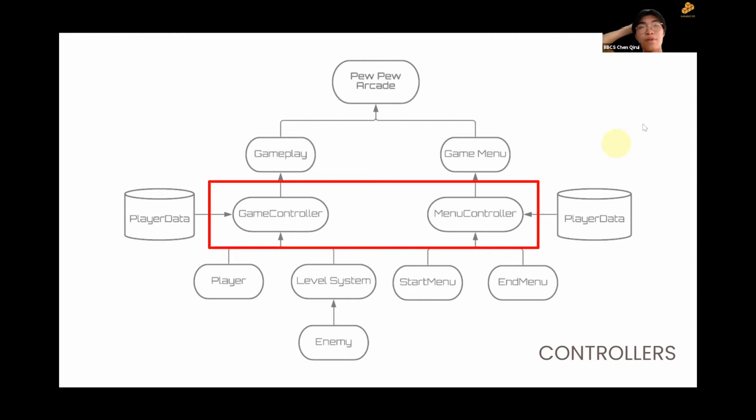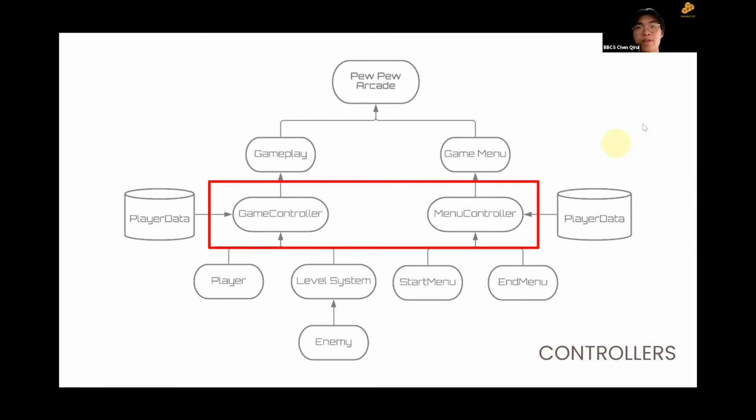For the game controller, it controls the flow of first the player spawning, then the player navigating in the level, then switching of the level, and afterwards transitioning to the game menu.